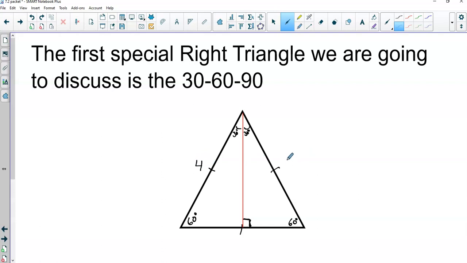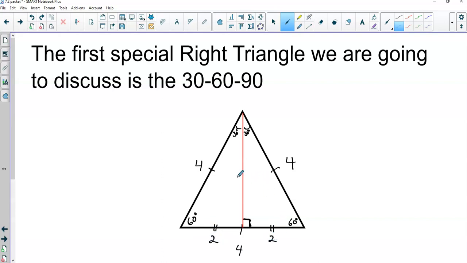Let's say this one over here measures 4, and the bottom, of course, being equilateral, also measures 4. Well, remember that on an isosceles triangle, the altitude is not only an angle bisector, but is also a perpendicular bisector to the base. That means it cuts the base in half. So if the whole side measures 4, then each half would measure 2.